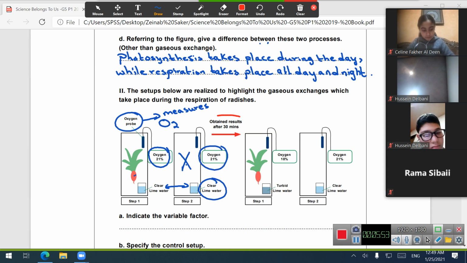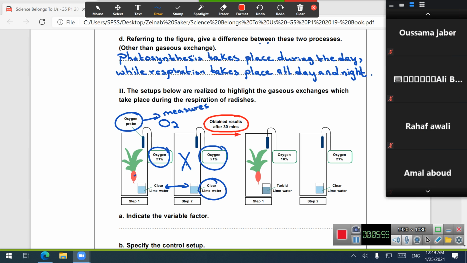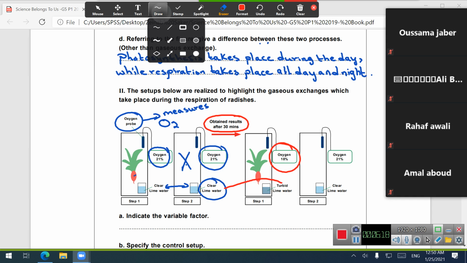Now, after 30 minutes, after half an hour, what will happen? Look at step 1. The oxygen amount decreases to 18%. And also the clear lime water becomes turbid.